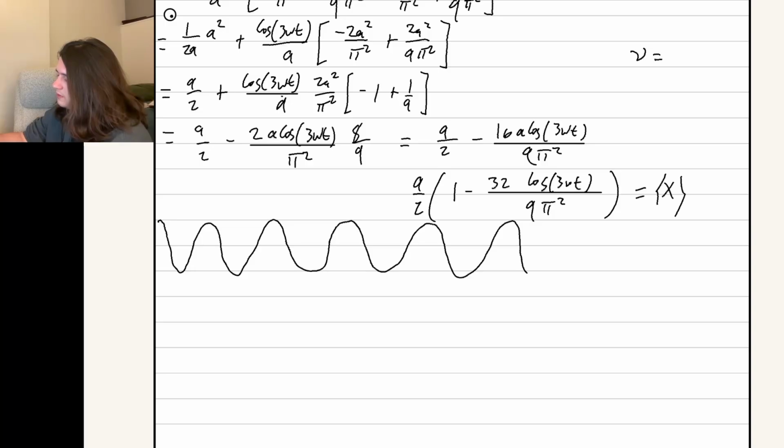The angular frequency is just 3 omega. The amplitude then is going to be the entire coefficient attached to the cosine function. So we find that the amplitude is a over 2 times 32 over 9 pi squared. And we'll leave it like that.